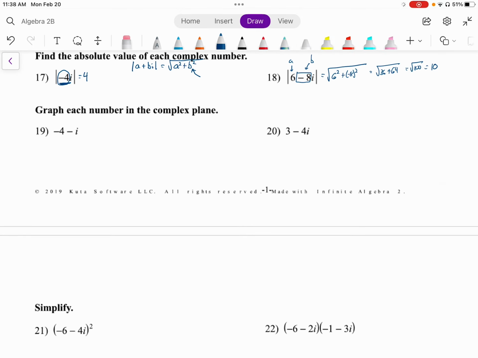And then for 19 and 20, graph each number in the complex plane. So what we'll do is we'll draw a complex plane. I always draw my vertical first for some reason, but here we have our real axis and then the imaginary axis. Sometimes we just put a lowercase i.